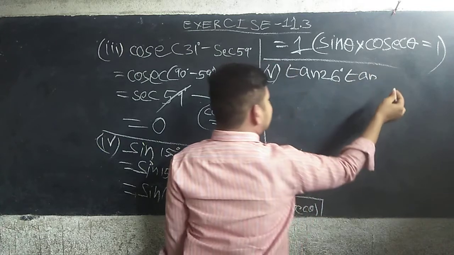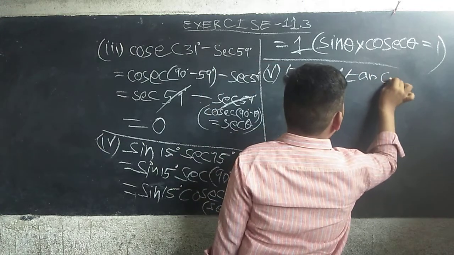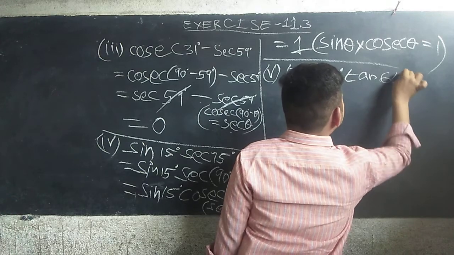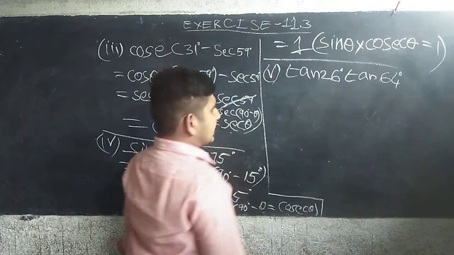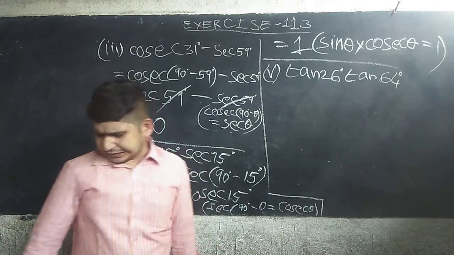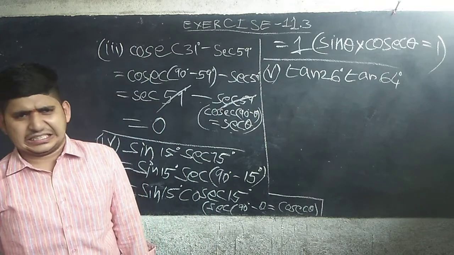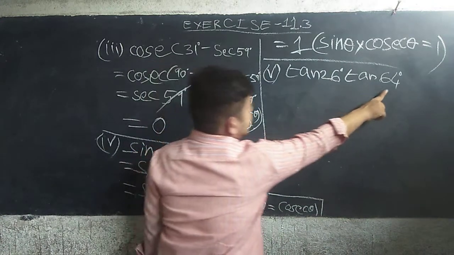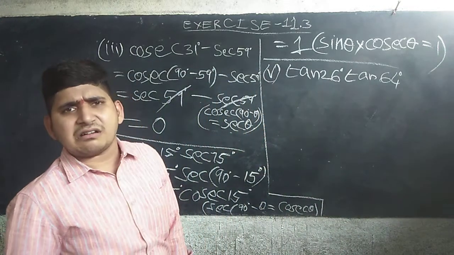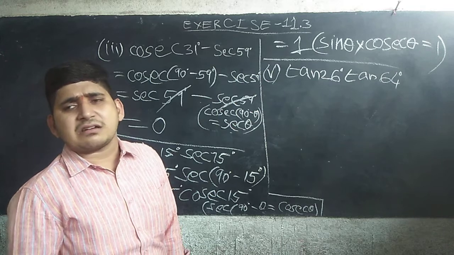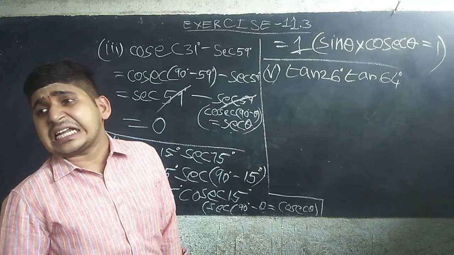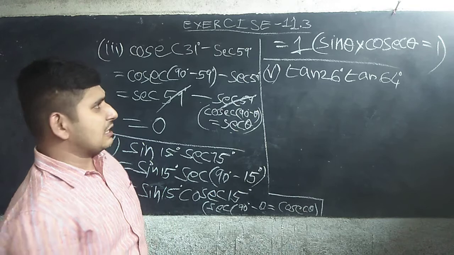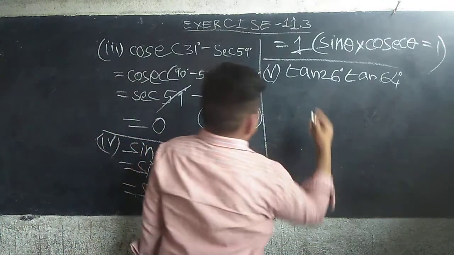Here 26 plus 64 equals 90, so theta plus theta equals 90. So we are taking any one angle, say tan 26 degrees.